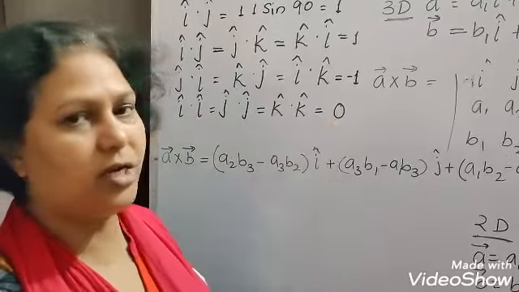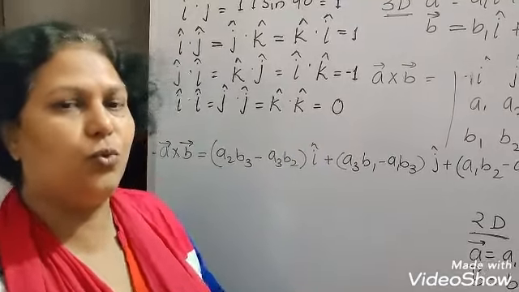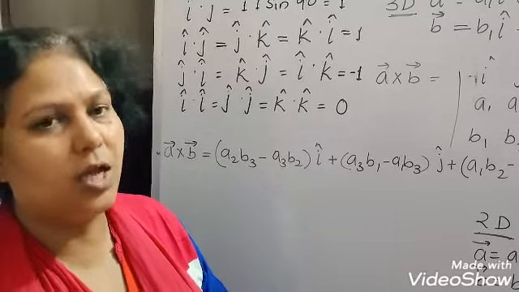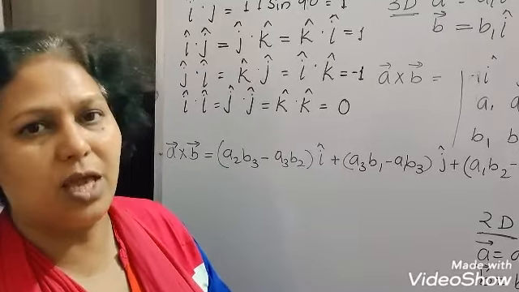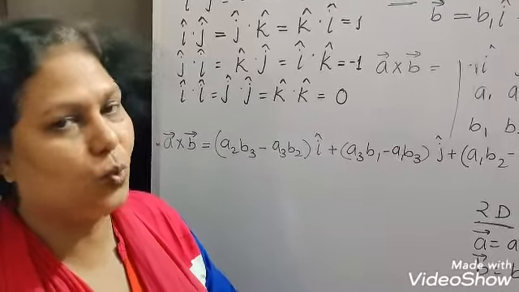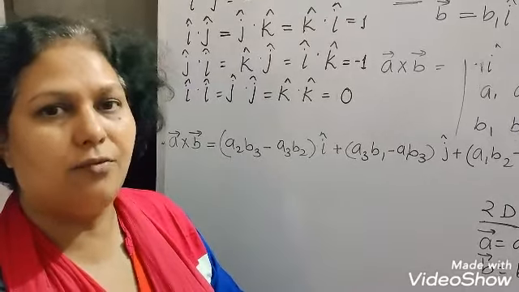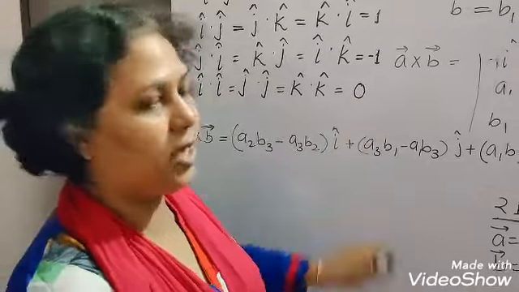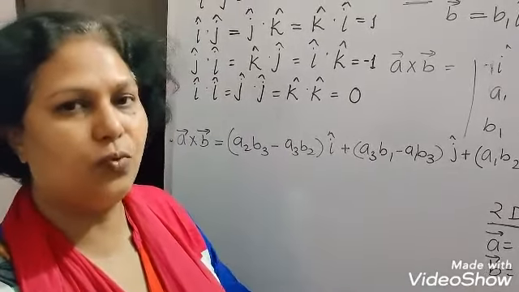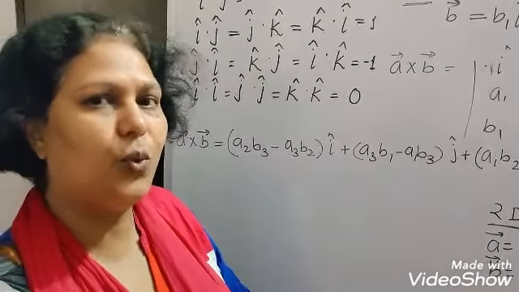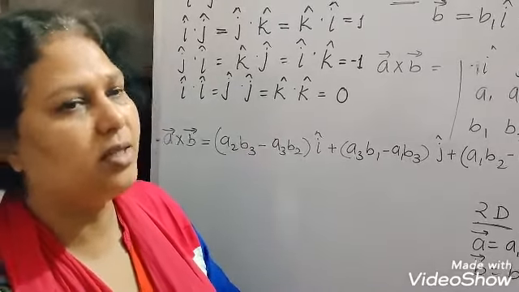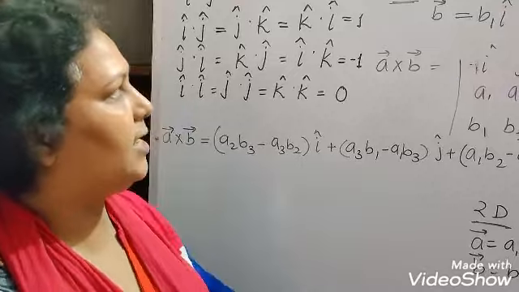If we have to find out whether the two given vectors are parallel or not, we will calculate the cross product of the two vectors. And if the cross product comes 0, we can easily say the two vectors are parallel to each other.